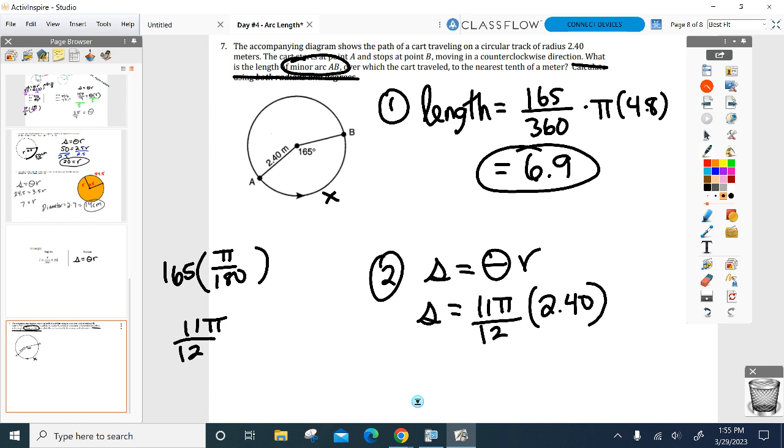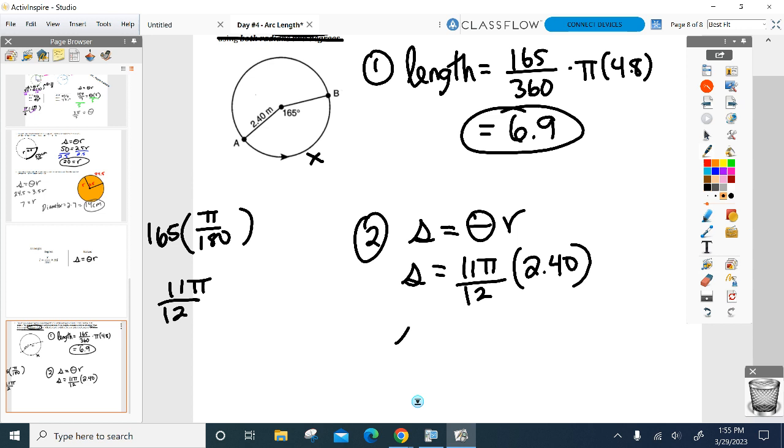I don't need to convert that. That's just the radius. And magic will happen when you type this in your calculator. 6.9? Yeah. Okay.